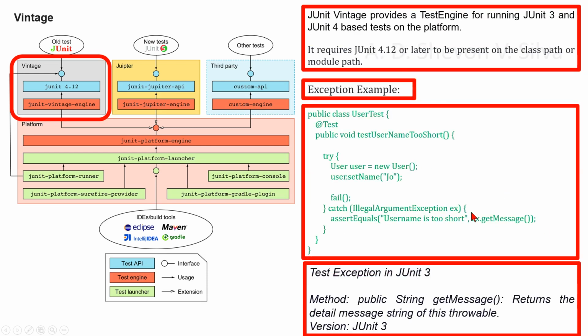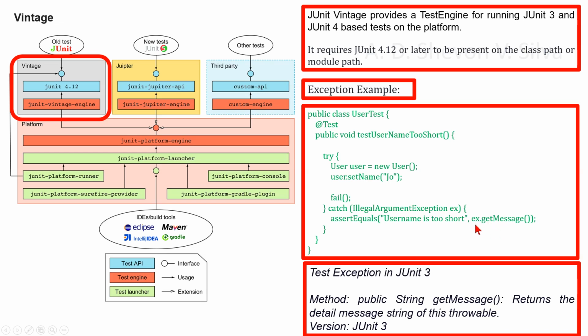As an exception example, we can consider this code segment. This is a test exception in JUnit 3. Here you can see the public String getMessage method.